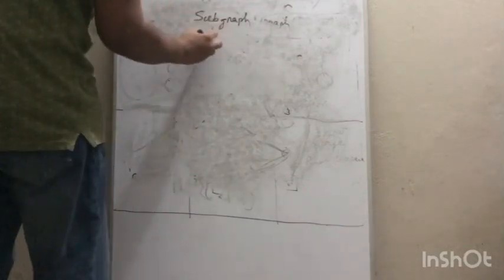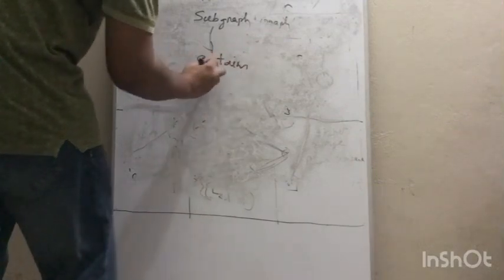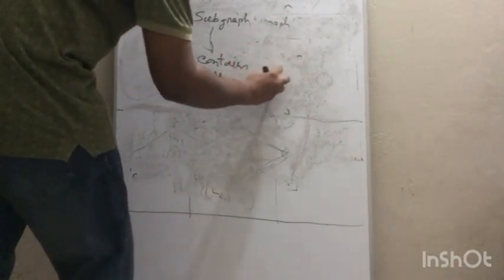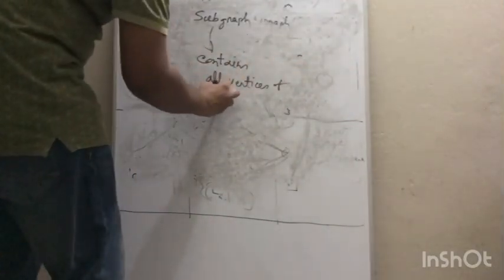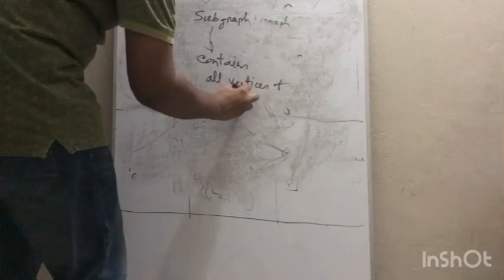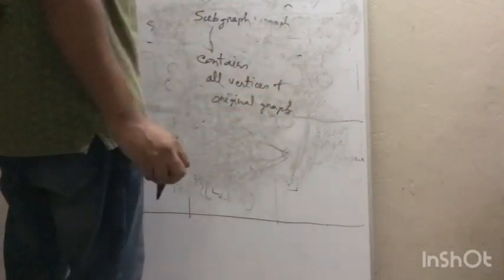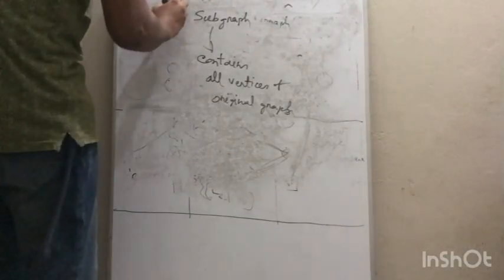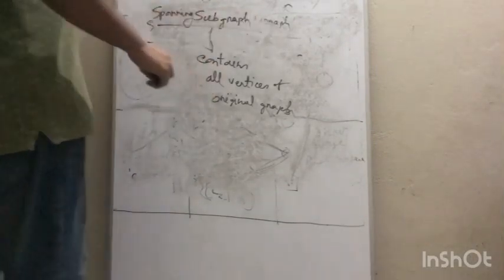If a subgraph contains all vertices of the original graph, then it is a spanning subgraph.